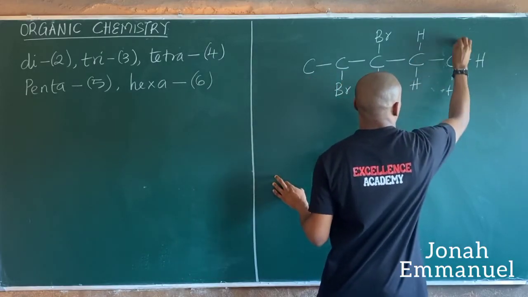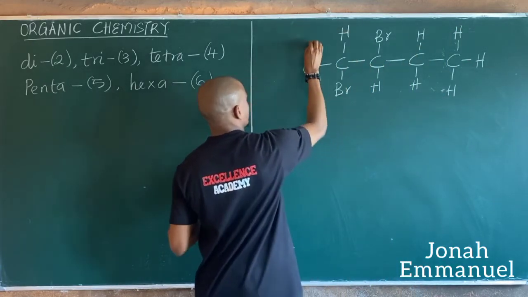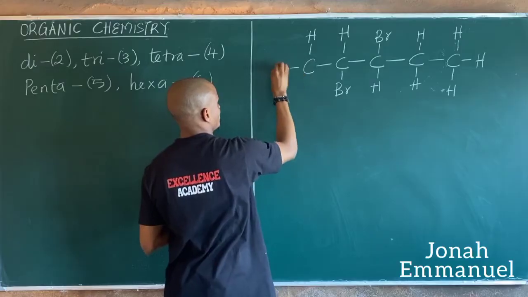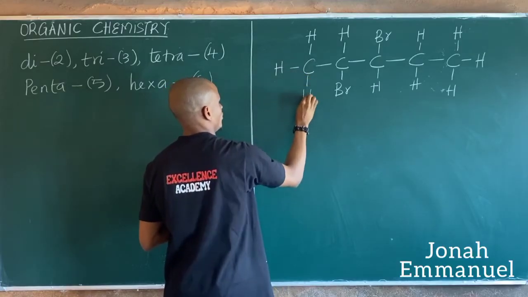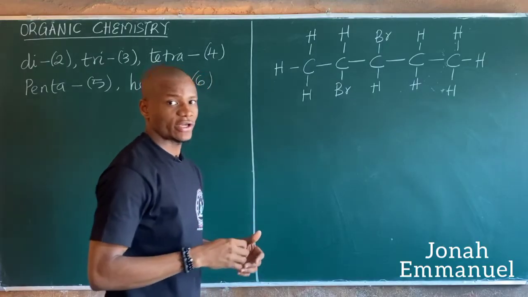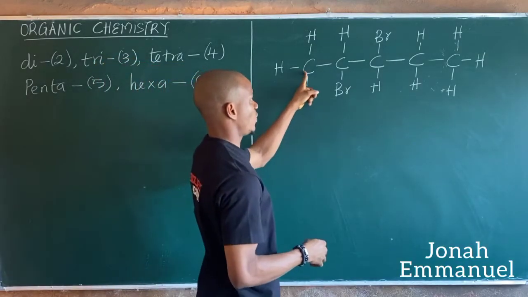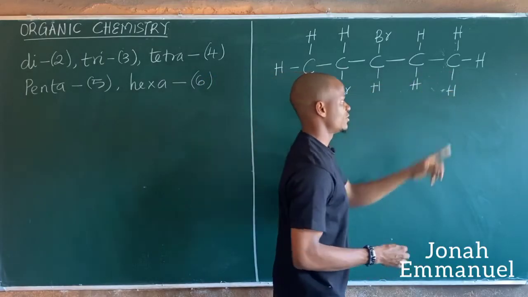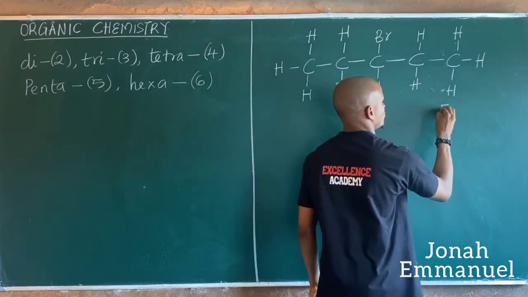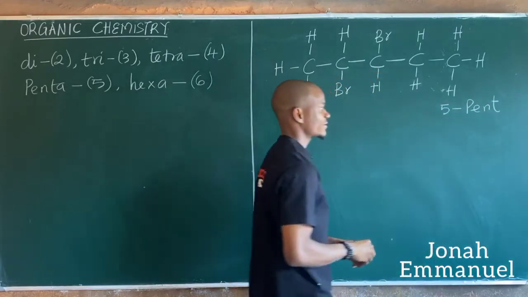I'll number it 1, 2, 3, and 4, and let's see how we can name this compound. First, identify the longest continuous carbon chain. Obviously, I can say 1, 2, 3, 4, 5. So I have a 5 continuous carbon chain, and 5 is simply pent.